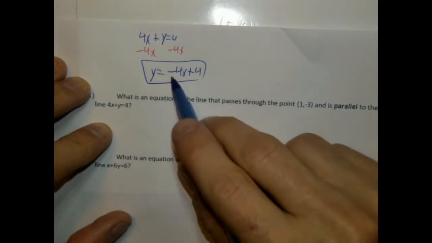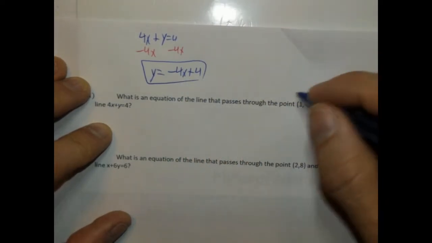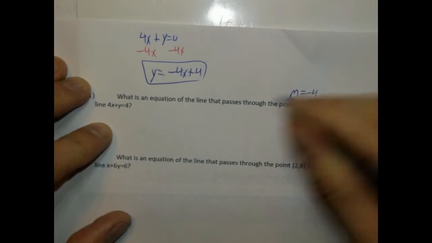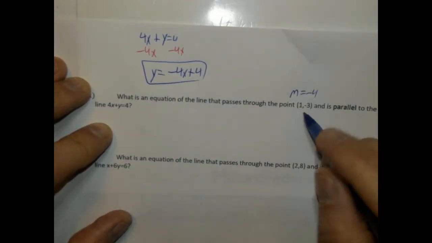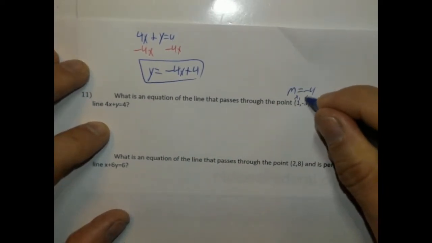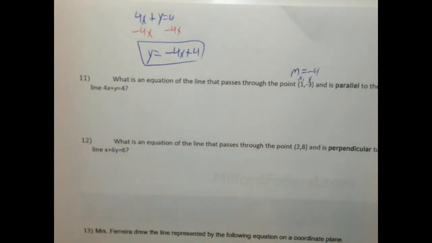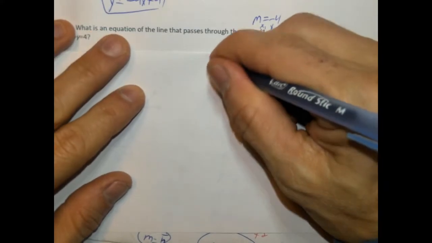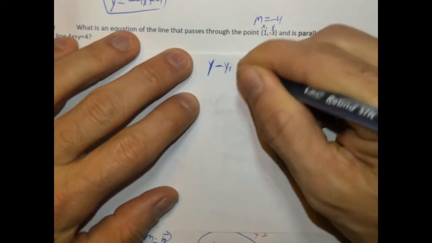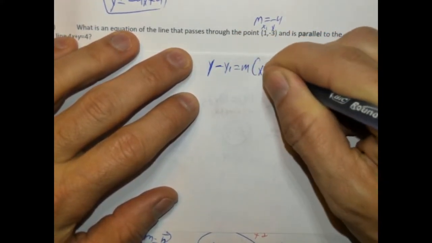So it's parallel to this, so it has the same slope, which means we're going to use m of negative 4, because that's our rate of change. And that's the point. That's going to be our x1, y1. So let's go ahead and use some scrap paper here. So y minus y1 equals m parentheses x minus x1.